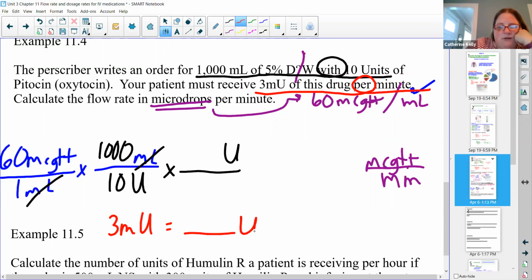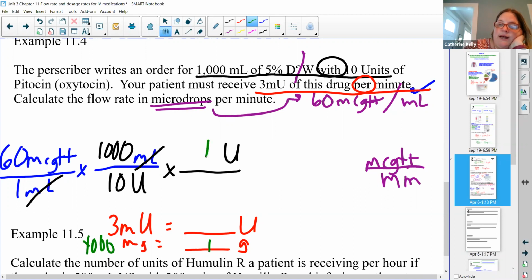So I've got to get 3 milliunits to how many units. The way that I can do that is you can think about milligrams to grams. In order to do that, you have to divide by 1,000. So it's the same thing. This M is the same. So there are 1,000 milligrams for every 1 gram. So there are 1,000 milliunits for every unit.